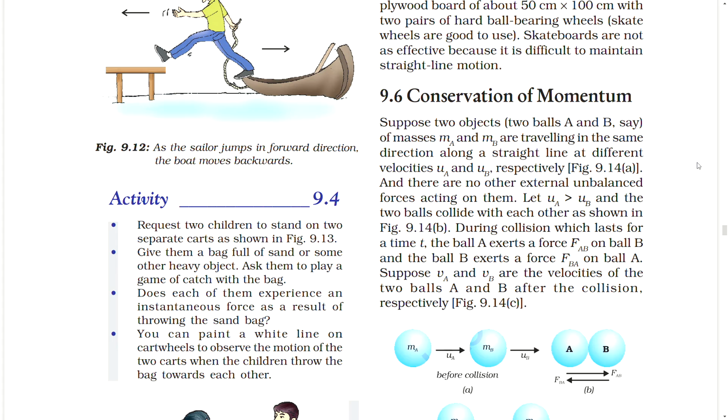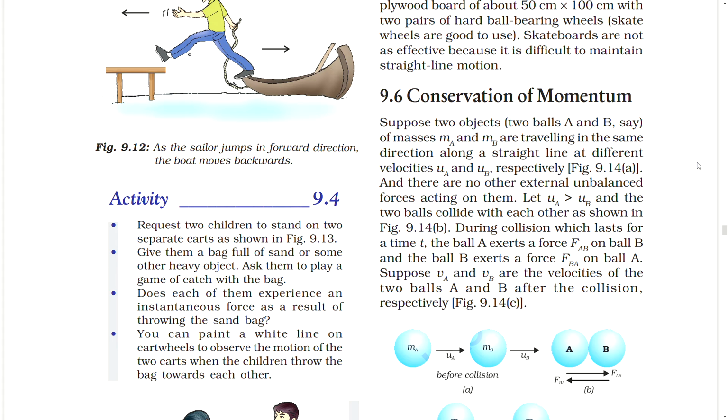Let uA be greater than uB, and the two balls collide with each other as shown in figure B. During the collision, which lasts for a time t, ball A exerts a force FAB on ball B and ball B exerts a force FBA on ball A.